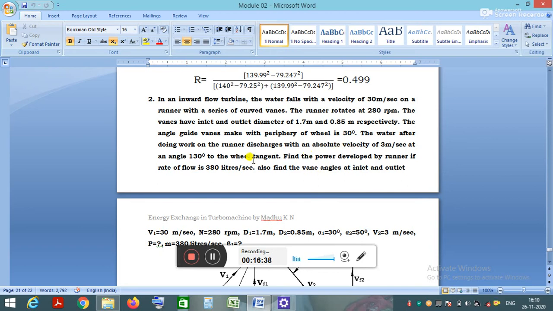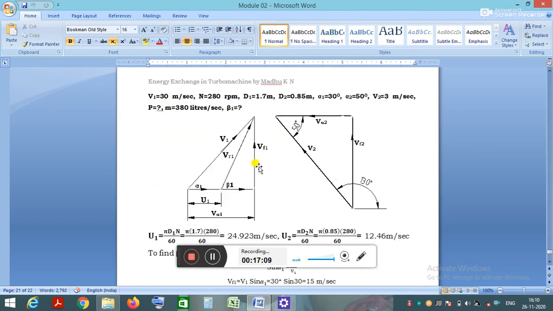The water, after doing the work on the runner, discharges with an absolute velocity of 3 meter per second. The water enters the turbine blades, moves over them, performs the work and discharges from the blades with a velocity of 3 meter per second. That means V2 is the velocity with which the water discharges from the blade at an angle of 130 degree to the wheel tangent.